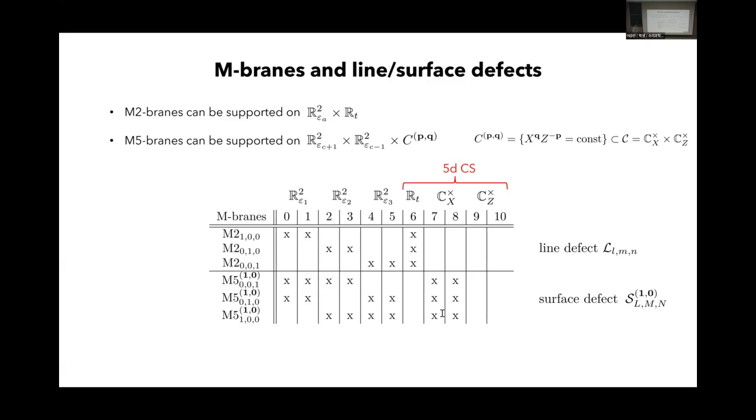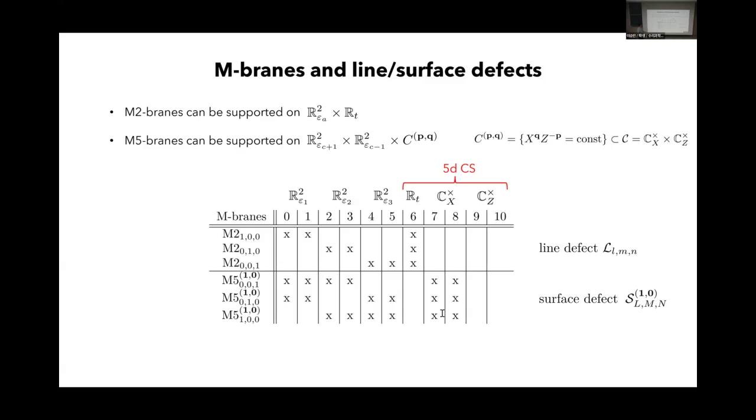Whereas M5 branes are 6-dimensional objects, and by the symmetry reason, it can only wrap 2 of the R2 planes and a holomorphic curve inside the complex 2-dimensional space. Here I label the choice of the complex curve inside C star times C star by P and Q. C upper P, Q is nothing but the curve that looks like x to the Q, z to the power minus P, is constant.